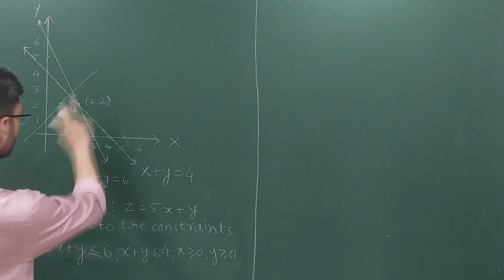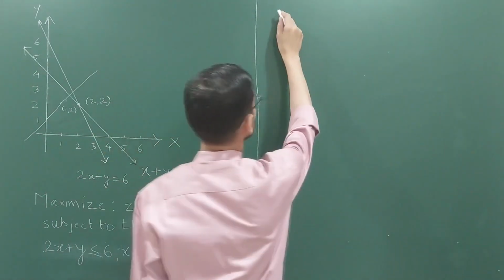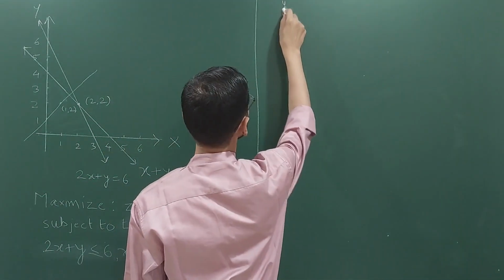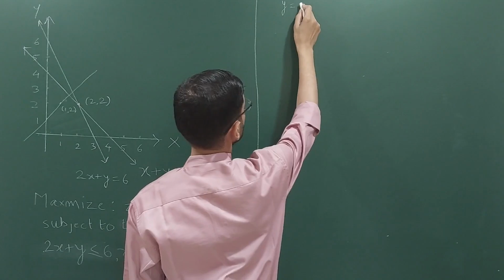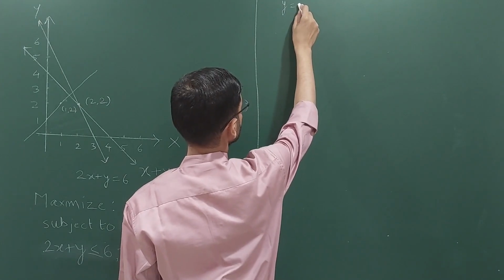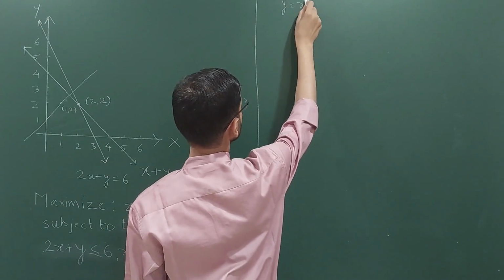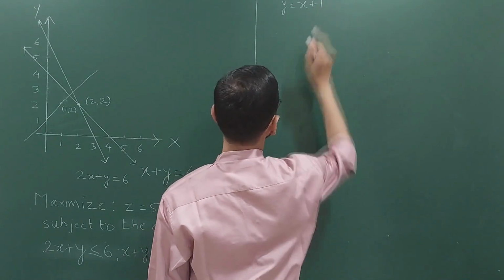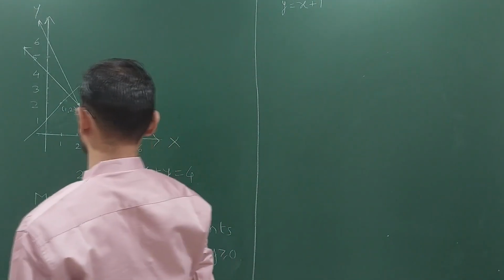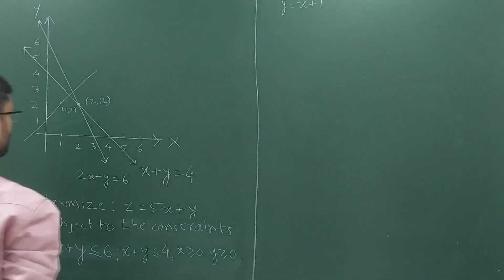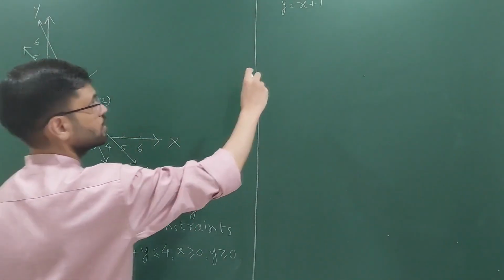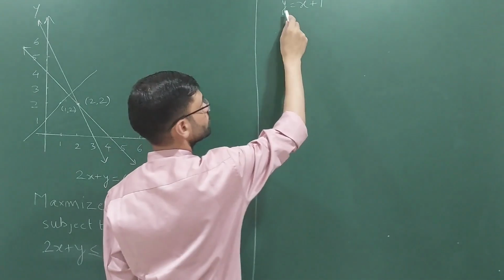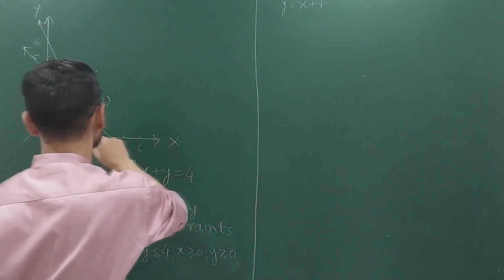So therefore the equation of this line is y equal to slope multiplied by x, which is 1 multiplied by x, plus the y-intercept, which is 1 in this case. Okay, fine. Now this is the relation between x and y along this line.